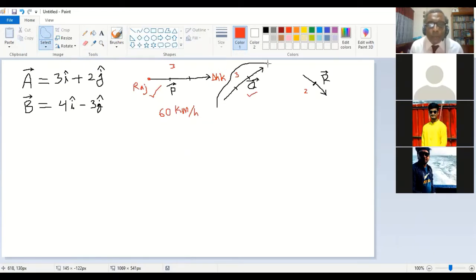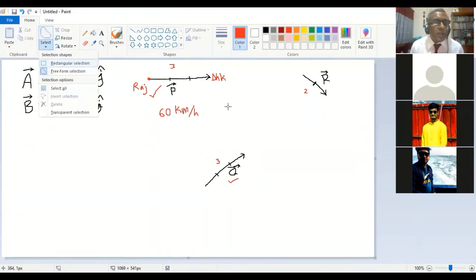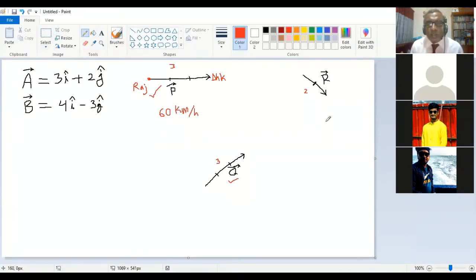40. 40 kilometer per hour. Yes, you are right. That's what I wanted to tell. Everyone understands, right? It will be 40 kilometer per hour.